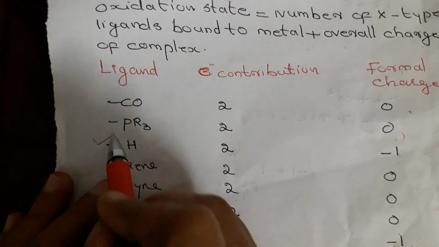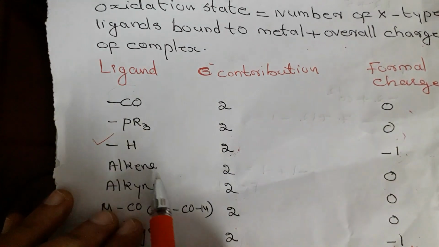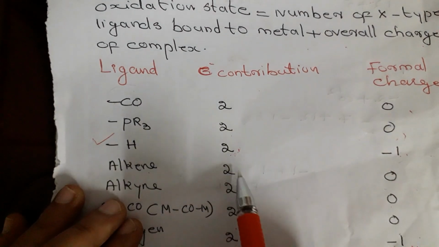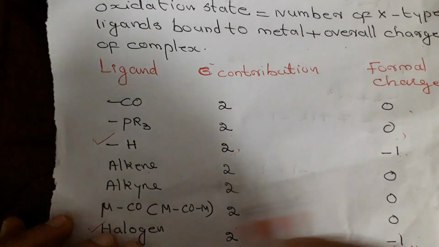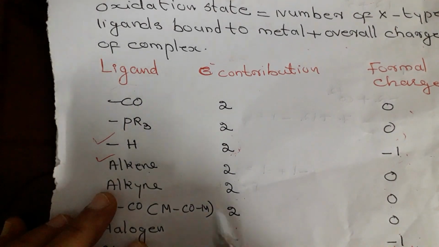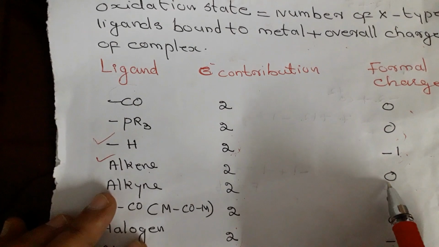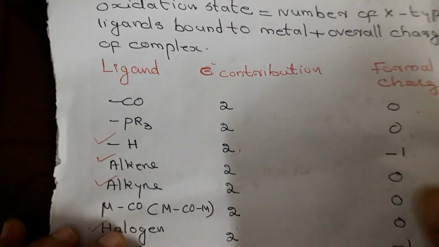Hydrogen, you have to note, electron contribution 2, formal charge minus 1. Alkene, electron contribution 2, formal charge 0. Alkane, electron contribution 2, formal charge 0.